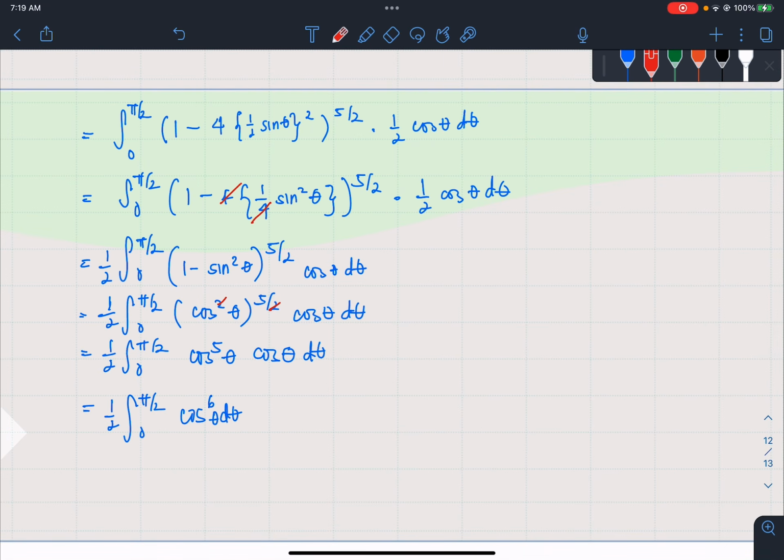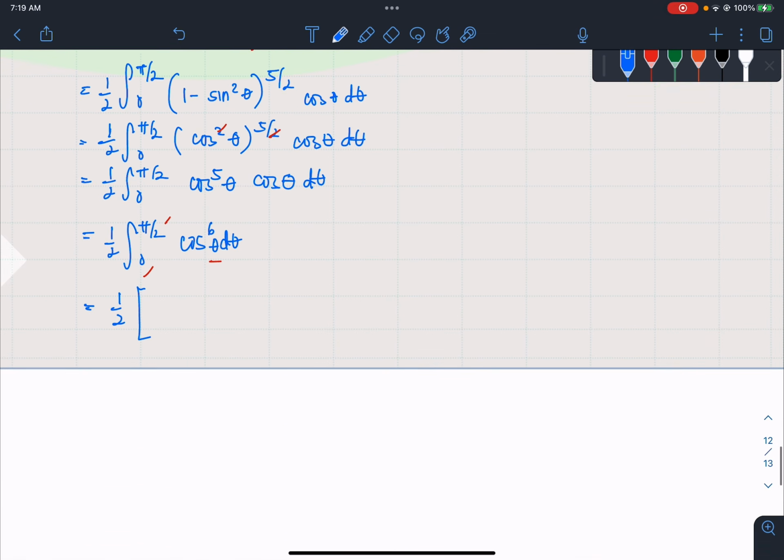At this time, theta is a single angle, from 0 to pi over 2. So we can now use the Wallis rule. To do that, I'll just have 1/2, multiplied with, for cosine to the 6, minus 1, I'll have 5, 3, and 1.